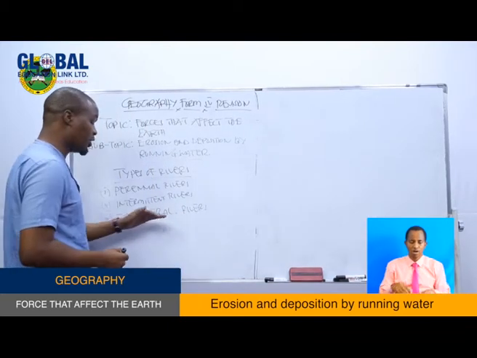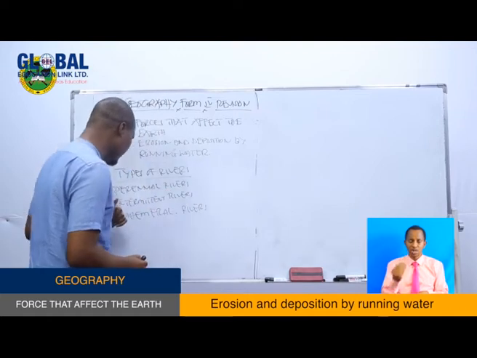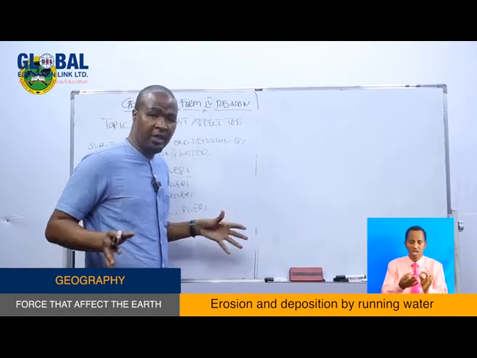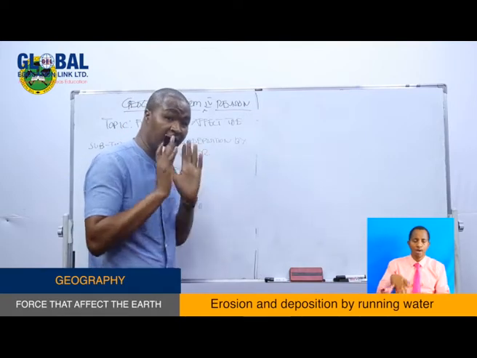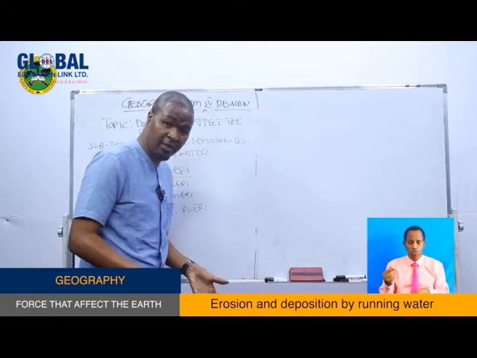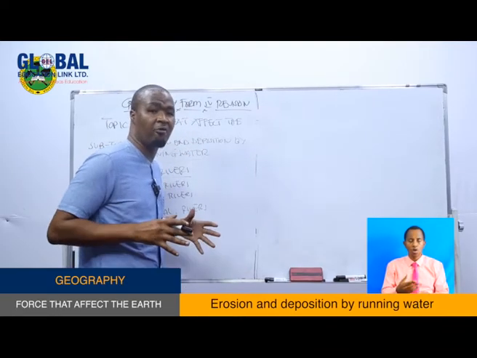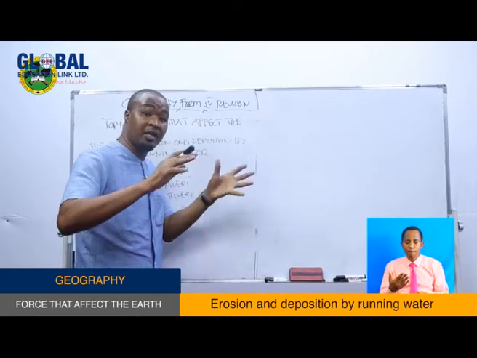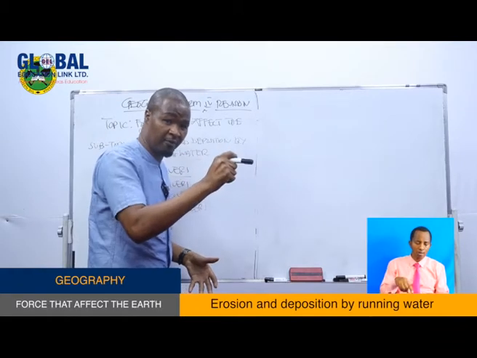Then we have the ephemeral rivers. These are the rivers which contain high water and flow during rainfall. Listen to me very carefully. When there is rainfall, for the time being, there will be flowing of water within the river valley. The river valley will contain water during rainfall.